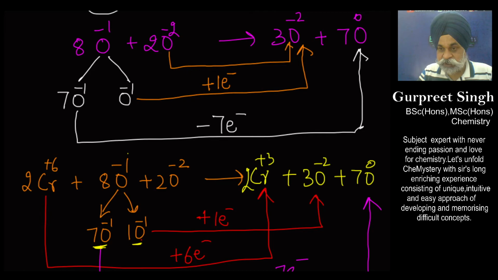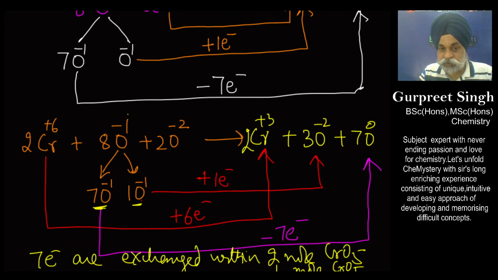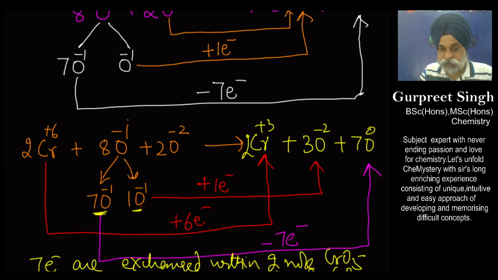Or if I convert this per mole, out of the 4 oxygen atoms, 3.5 underwent oxidation and 0.5 mole underwent reduction. That is very interesting to tell here.